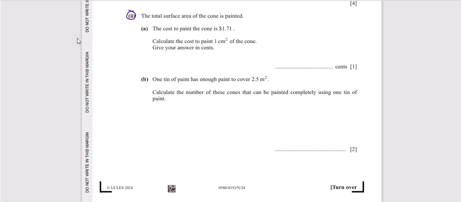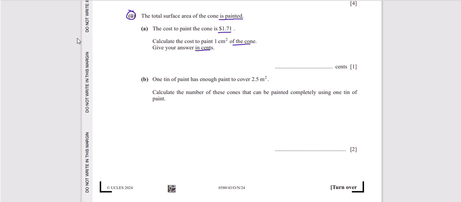Part 2. The total surface of the cone is painted. The cost of the paint for the cone is $1.71. Calculate the cost of the paint for 1 centimeter square of the cone. Give your answer in cent.